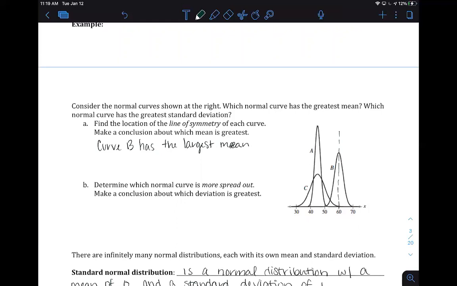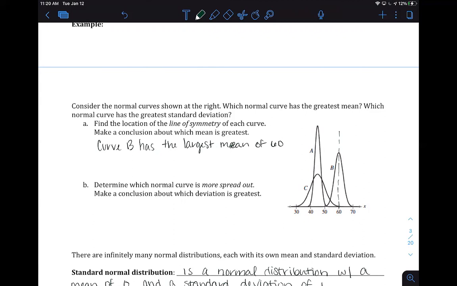What can you say about the mean of curve A and curve C? They're the same. Okay. And then part B, determine which normal curve is more spread out. So then what can you say about which deviation is the greatest? So which one is the widest curve?